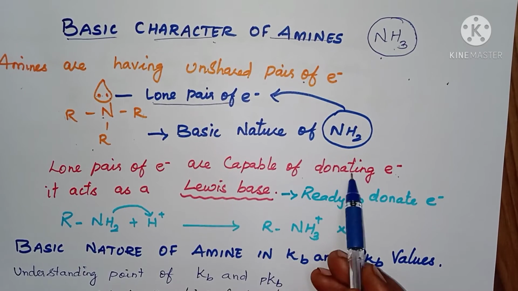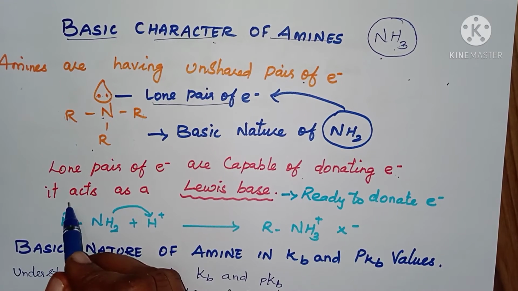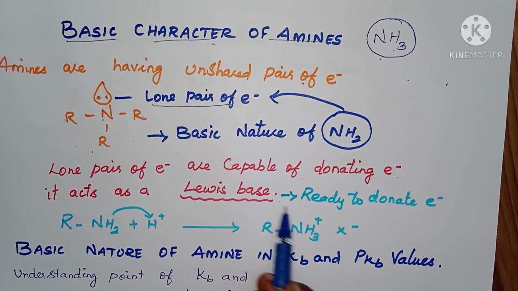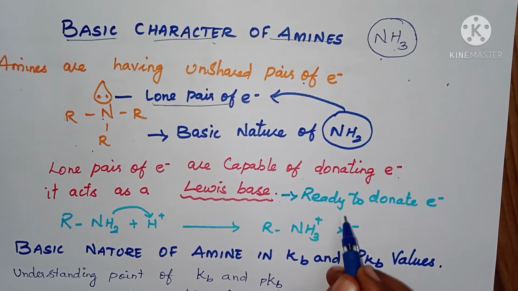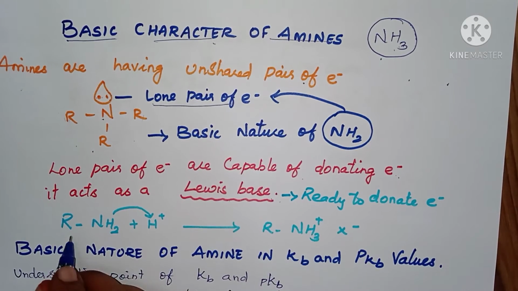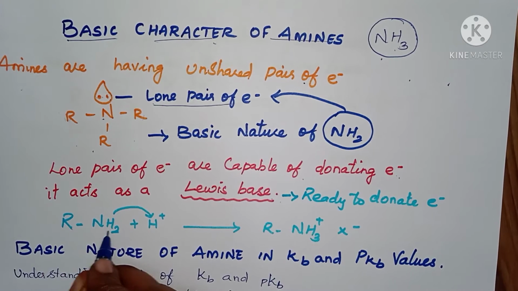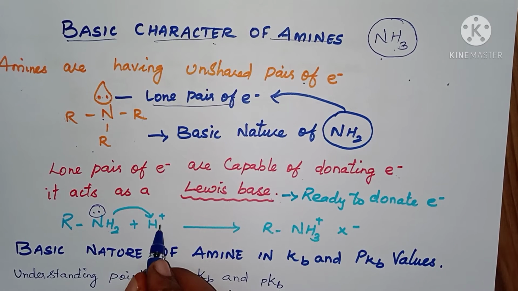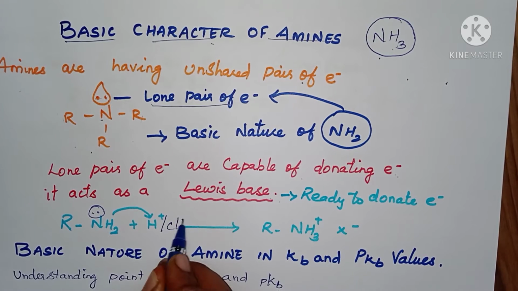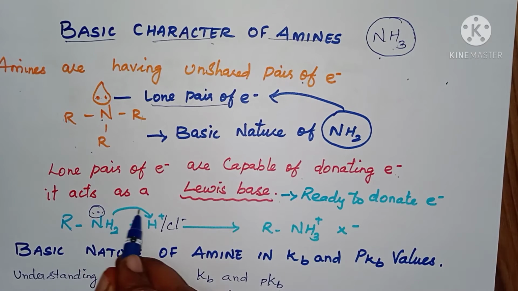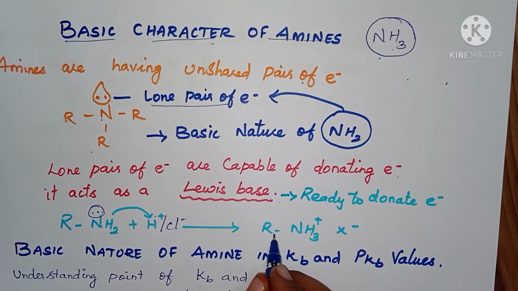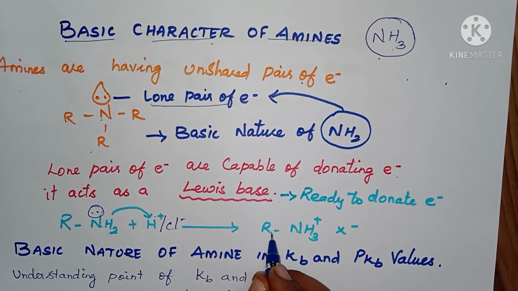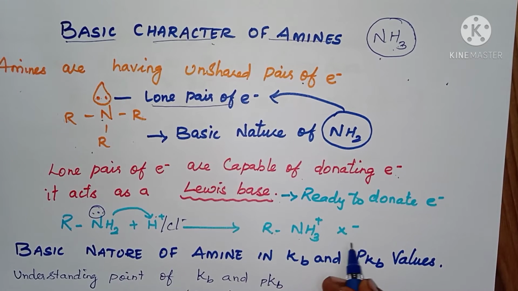When it is ready to donate electrons, naturally it acts as a Lewis base. A Lewis base is ready to donate electrons. See here, NH2 has a lone pair of electrons, and with HCl, Cl minus, the lone pair is ready to be given, so it becomes a salt, RNH3 plus Cl minus.